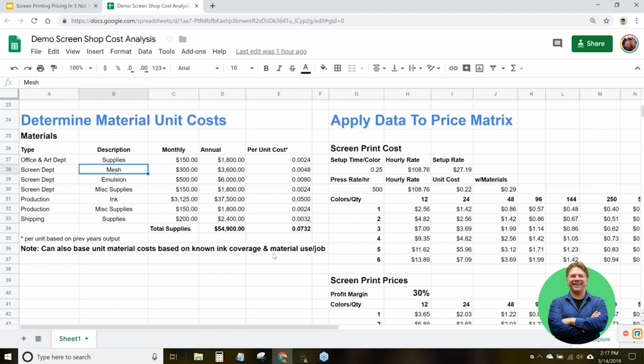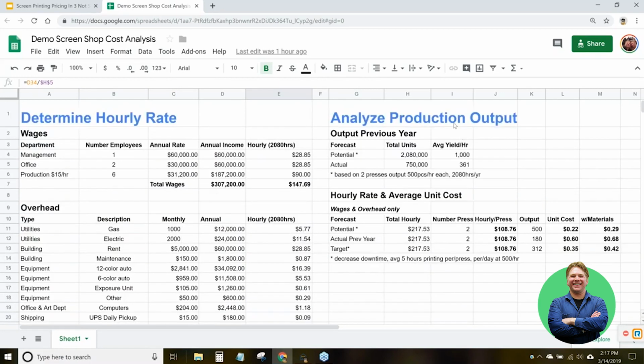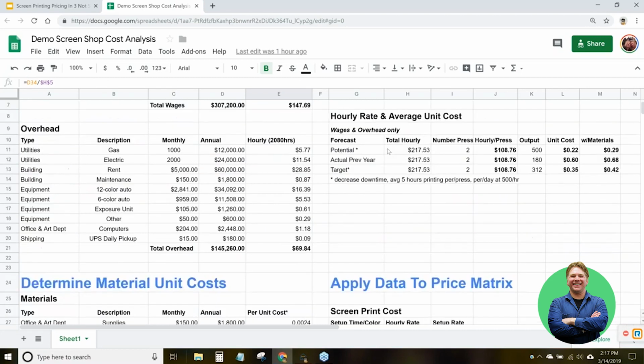So how did I come up with this 7 cents per unit? Well, that's by analyzing our output, which again, if you're new to the business or just starting, is a little bit more difficult without some kind of history.